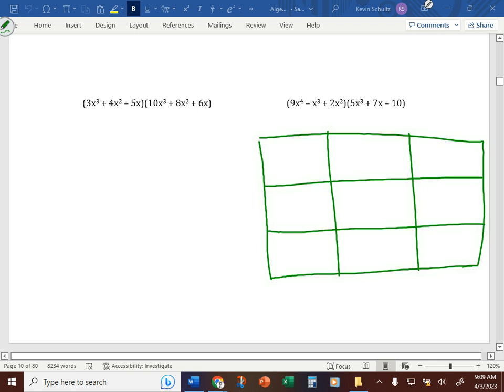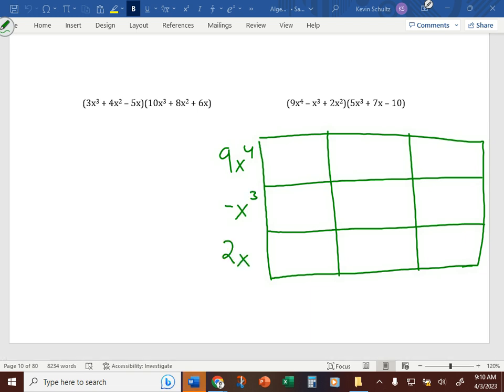A trinomial and a trinomial. It does not matter which one goes across the top, which one goes down the side. So I'll put our 9x to the 4th, negative x cubed, 2x squared down the side, and 5x cubed, 7x, negative 10 across the top.